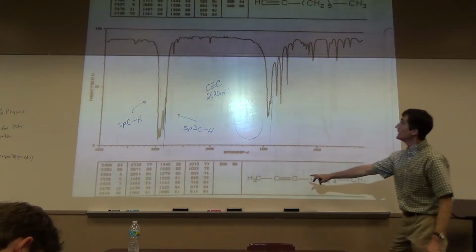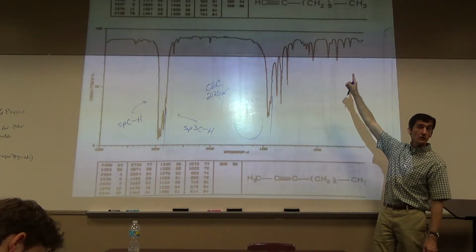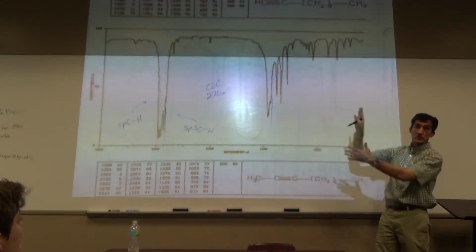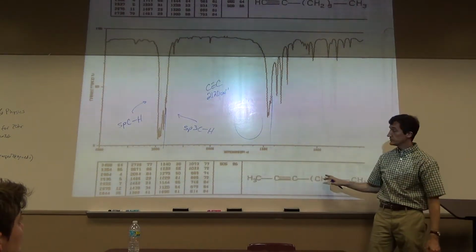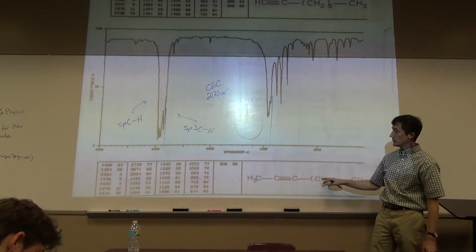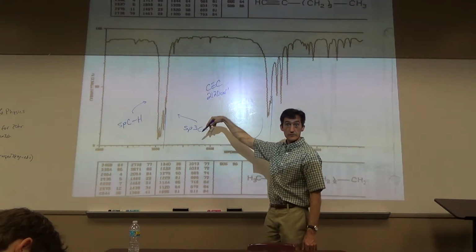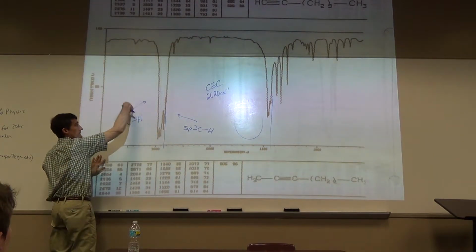Also an alkyne, but the difference is that alkyne has an H on one of the carbons. That's called a terminal alkyne. To have an H, that means it's going to be on the end. This is called an internal alkyne. There's no H. Since there's no H, we do not expect a peak where, Barbara? 3300. And indeed, you see, this one down here, there's no strong peak at 3300.